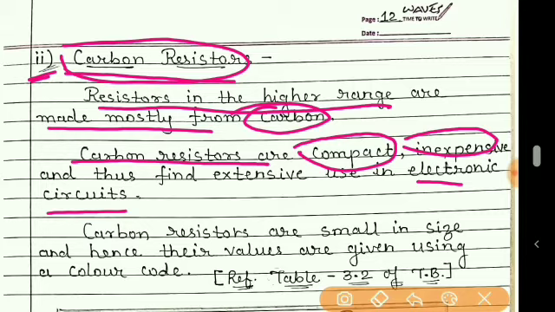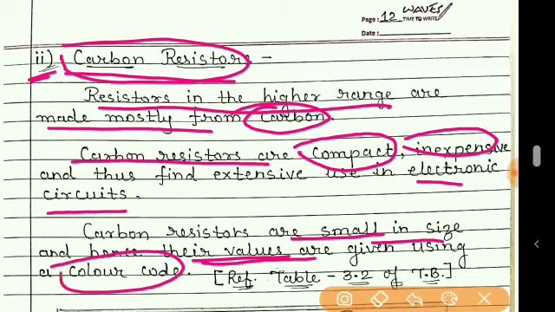Carbon resistors are small in size and hence their values are given in terms of their color codes. Students, generally if any component of the circuit is there, then its value is printed on that component.